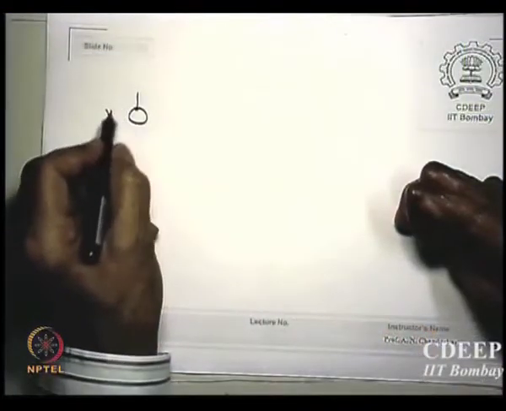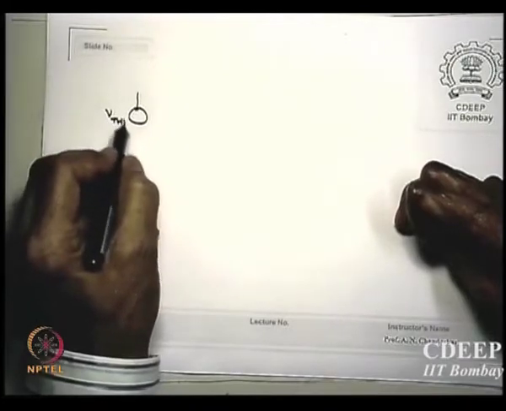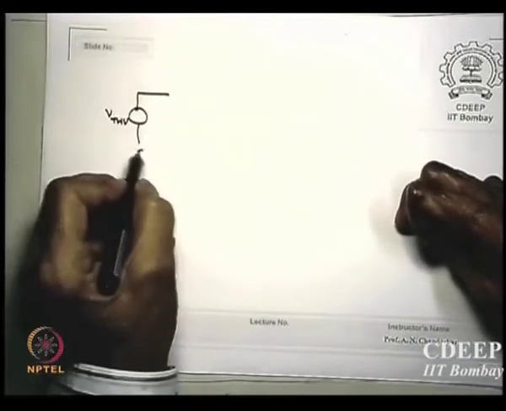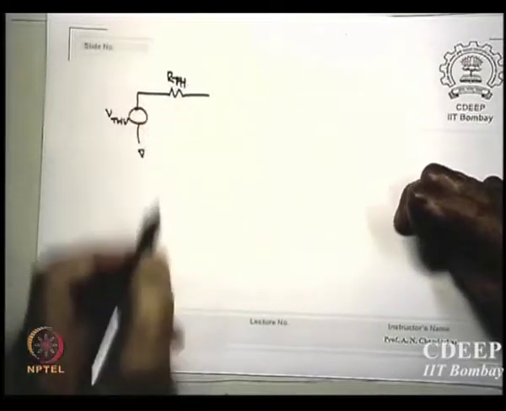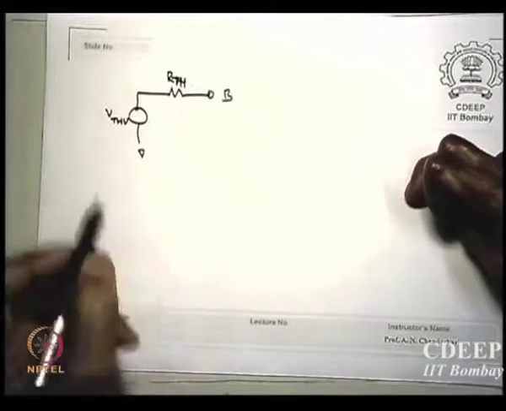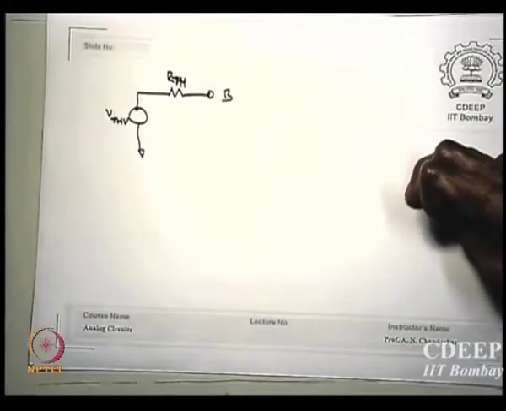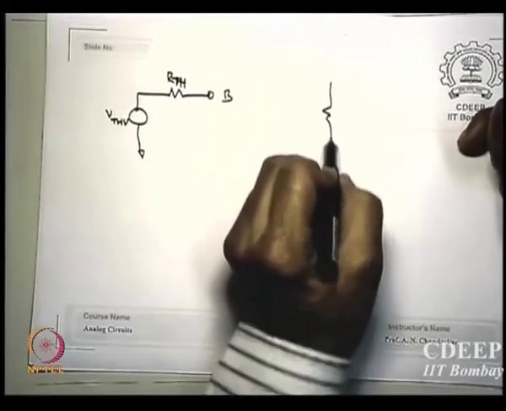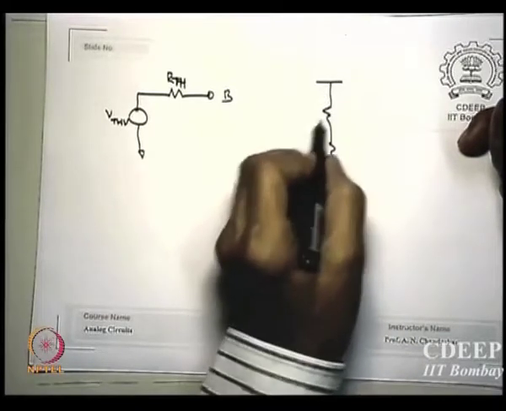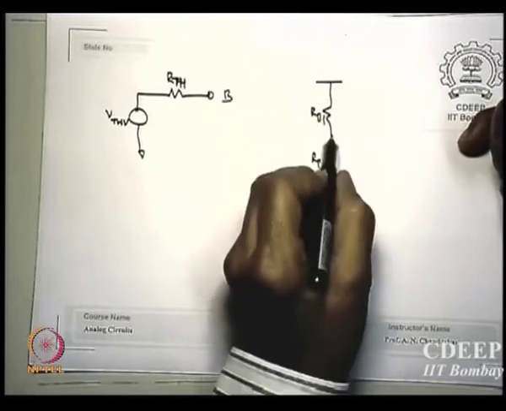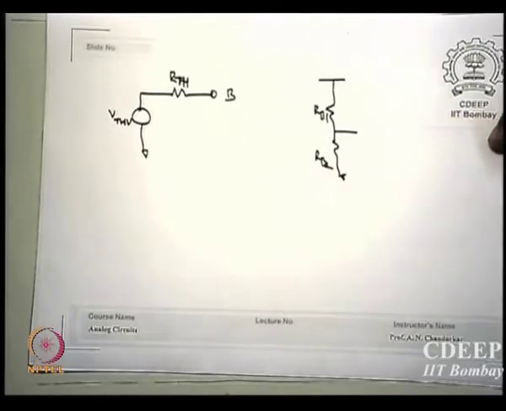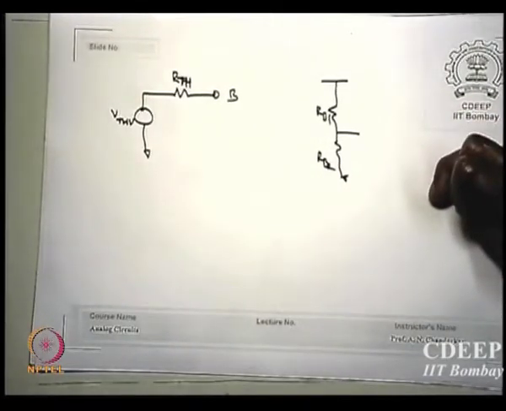Okay, quickly, if I do Thevenin's equivalent, VTH and RTH at the base for R1, R2, I am calculating this for RB1, RB2. Now if I do this, can you suggest how much would be VTH?